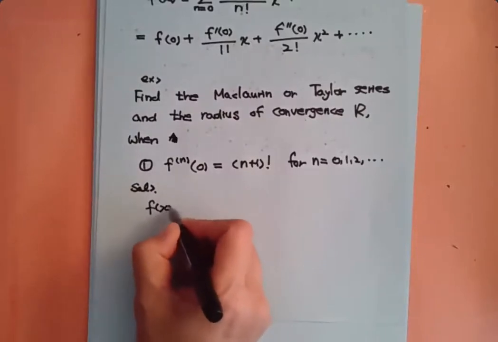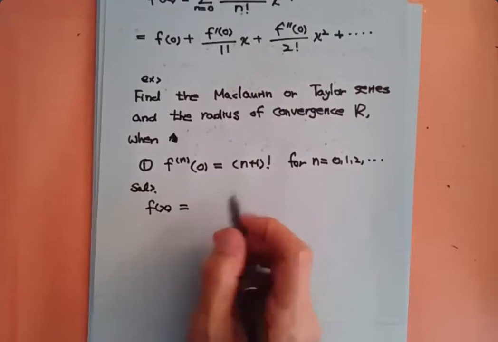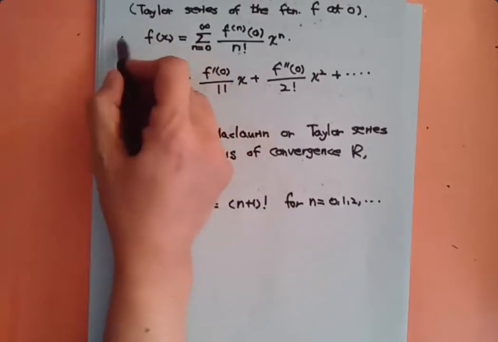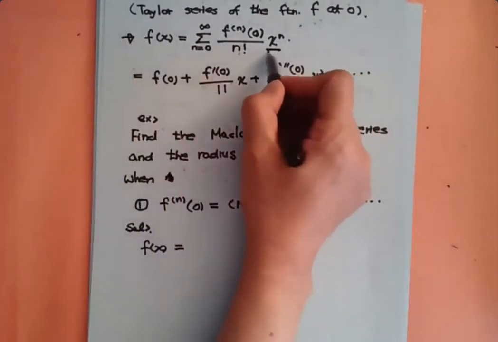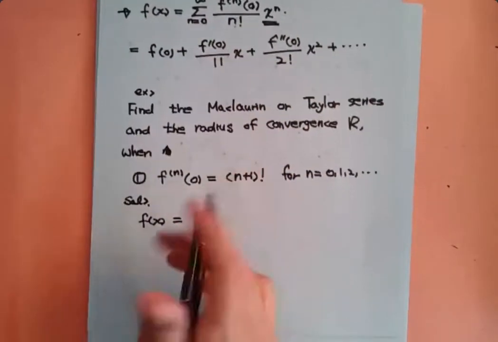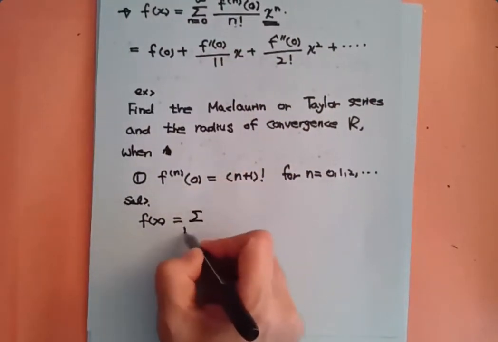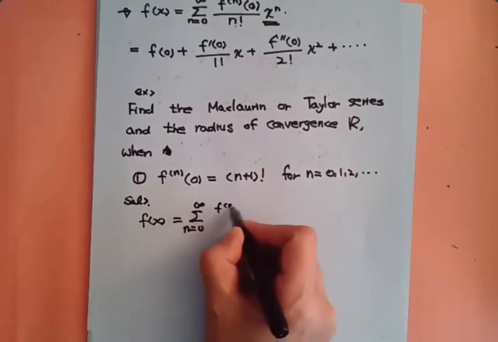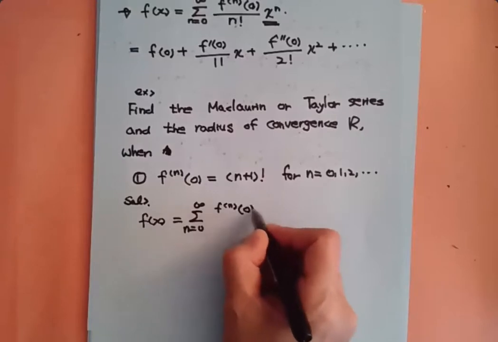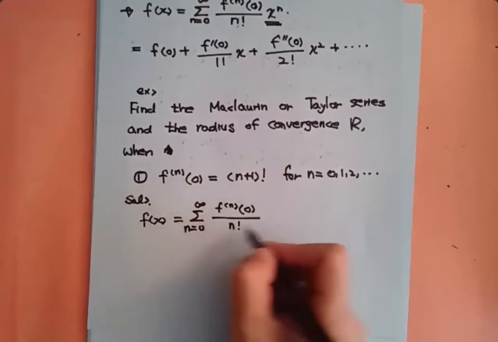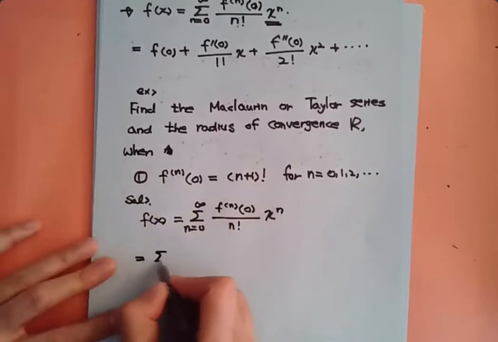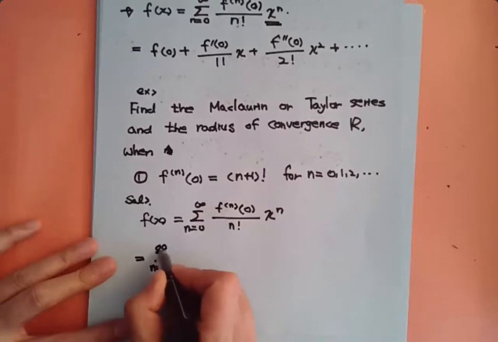So f of x is, this time, the Maclaurin series because this is 0, and we are using this formula. So x to the nth power is attached. So the summation n equals 0 to infinity of the nth derivative of f at 0 over n factorial times x to the n power.